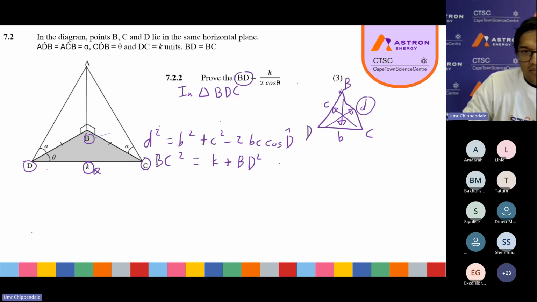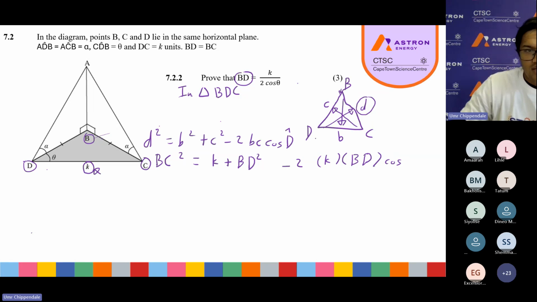And that's going to be minus 2, which is our b, which is also K, and then this c is going to be BD. And all of that is by our cos of D.